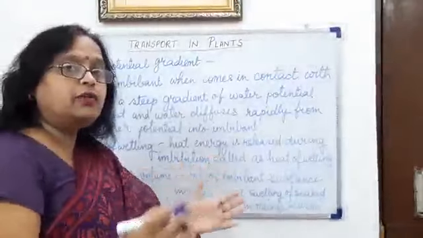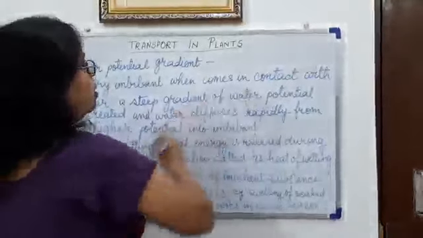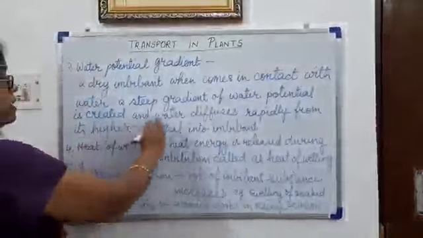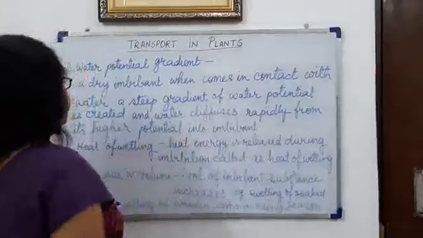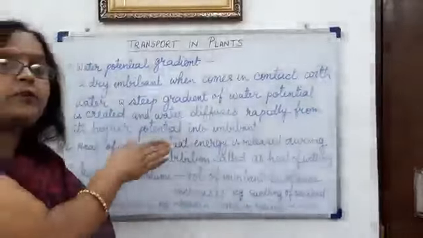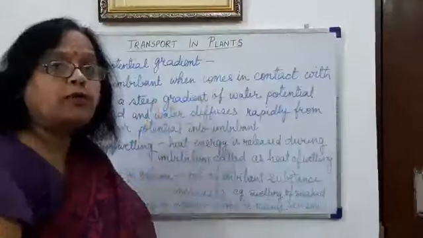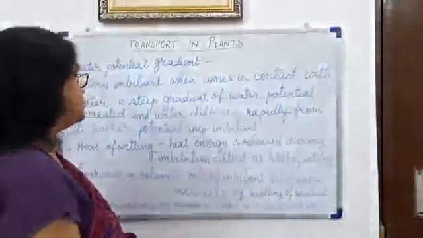When the two come in contact, a steep gradient of water potential is developed, and this causes water to diffuse very rapidly from its higher potential, that is from water, to its lower potential, that is into the imbibant substance.